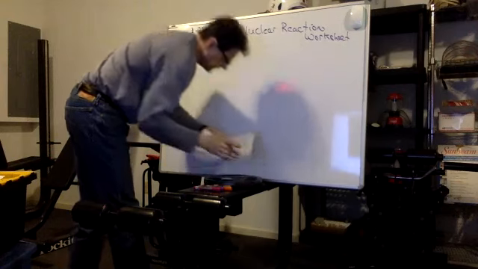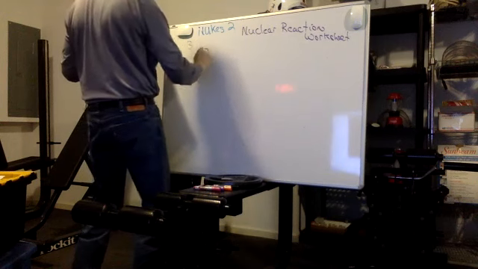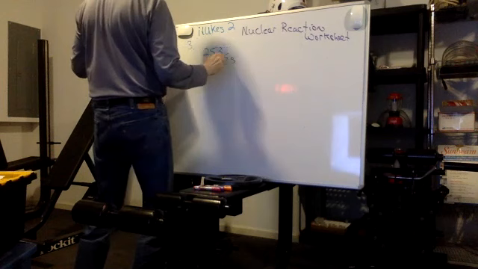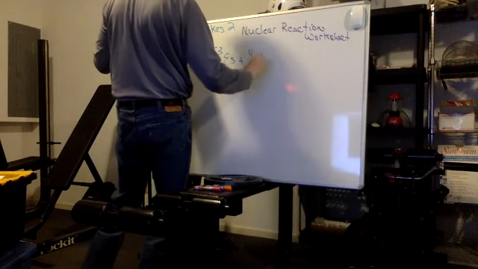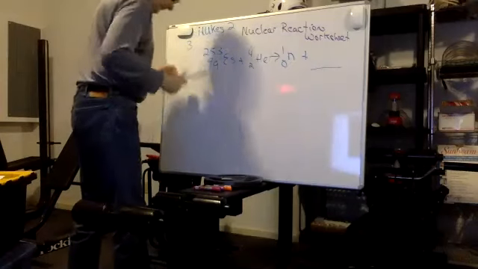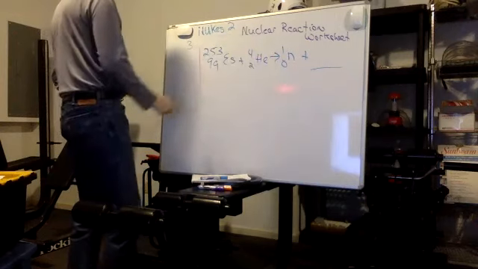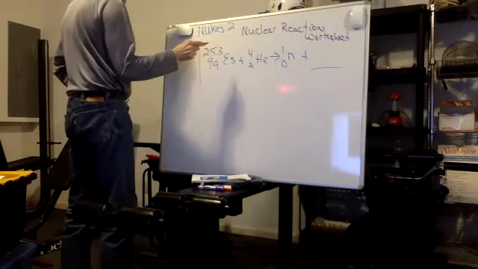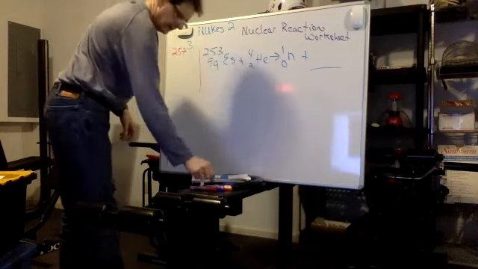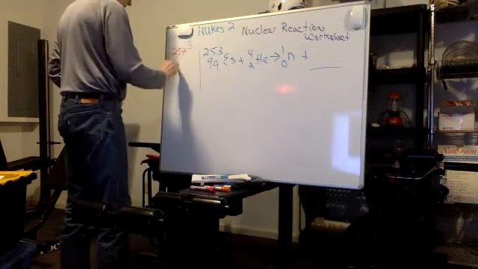Let's see, number 3. Got 253 einsteinium plus 4, 2 He goes to 1 neutron and a blank. Okay, so I'm going to add the top. 253 and 4 will be 257. Bottom, let's see, 99 and 2, 101 on the bottom.